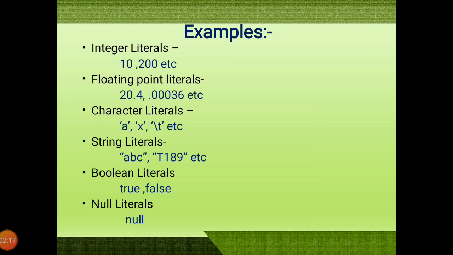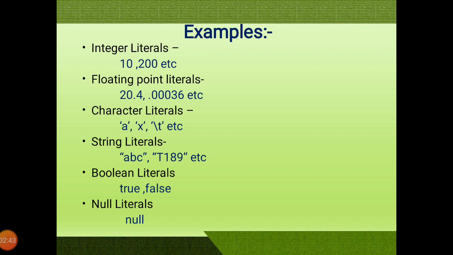Now, the first one is the integer literal. Whole numbers are known as integer literals. For example, 10, 200, etc. Floating point literals, or real literals, are also called decimal numbers. A number having a decimal point is called a real literal.